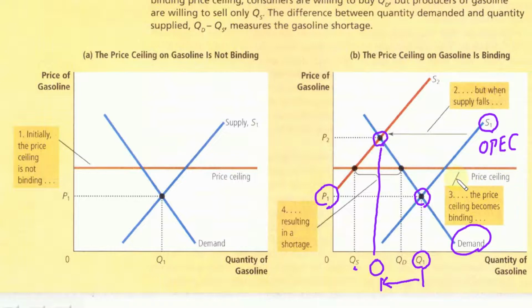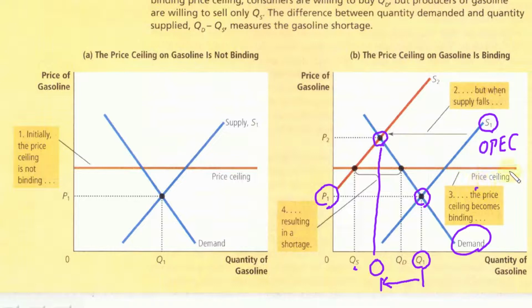So now the problem is that suppliers cannot charge for oil as much as P2 because they want to, but they can't do that because their price is quite above the price ceiling here. Okay, the price ceiling is a guideline which cannot be raised by the supplier.